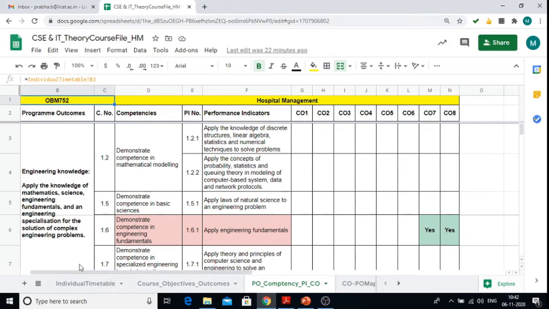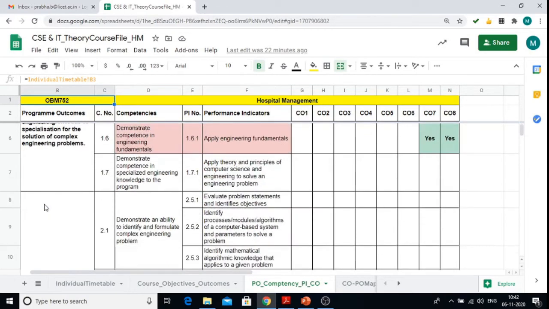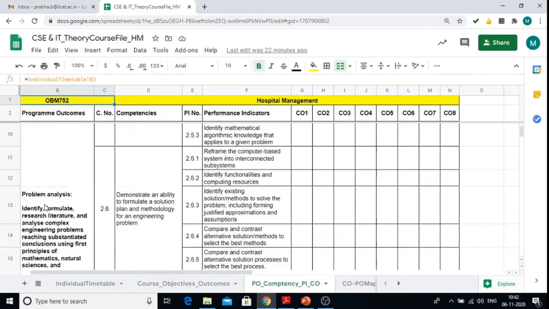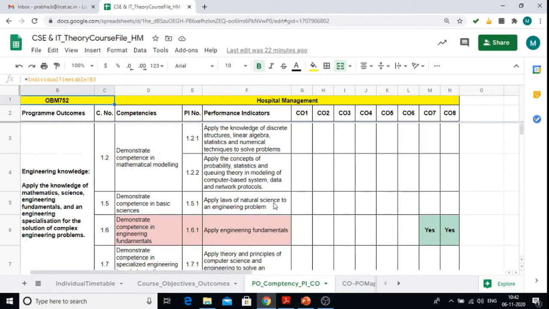Here I have listed all 12 POs and we have to map the CO with performance indicator. For example, let us consider the first PO, engineering knowledge. For the first PO, competency 1.6 is to demonstrate competence in engineering fundamentals, which has the performance indicator apply engineering fundamentals.